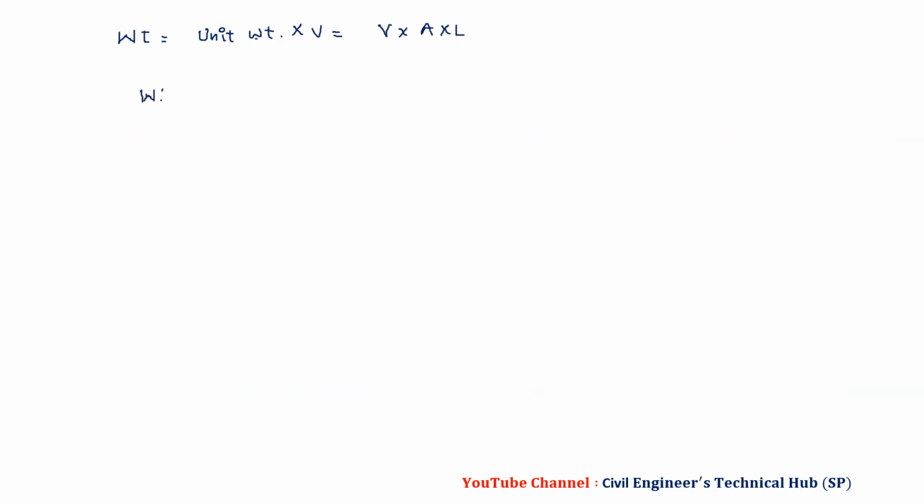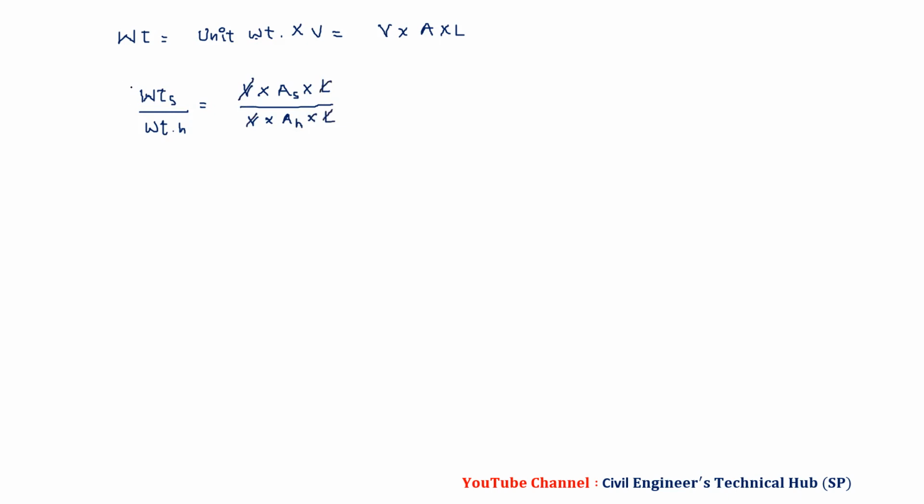So we have weight of solid divided by weight of hollow. Now the material is the same, so gamma is the same, area for solid, length is the same, divided by gamma same, area of hollow into L. So this gamma gets cancelled, L gets cancelled.